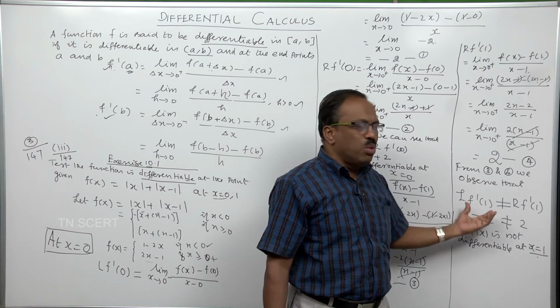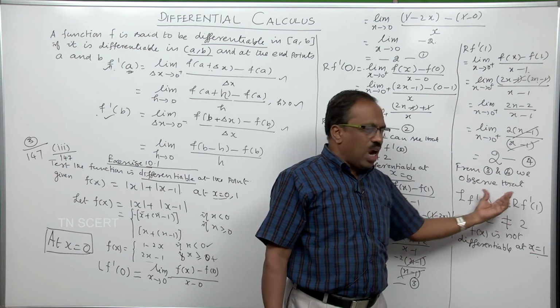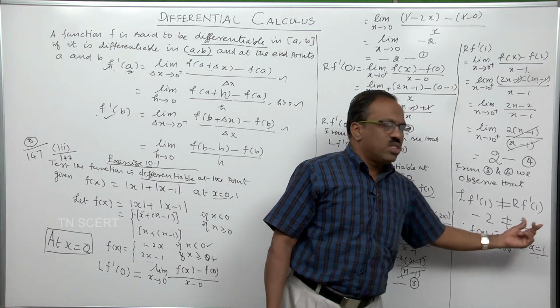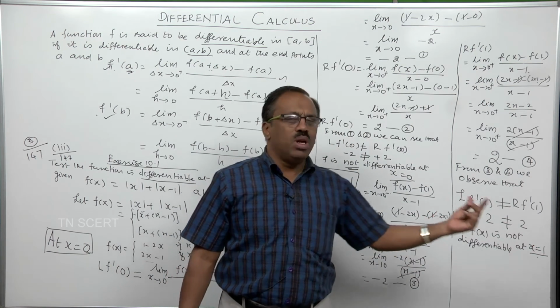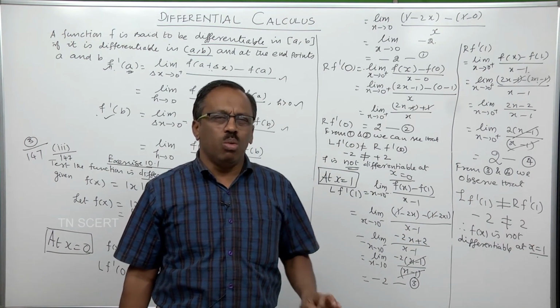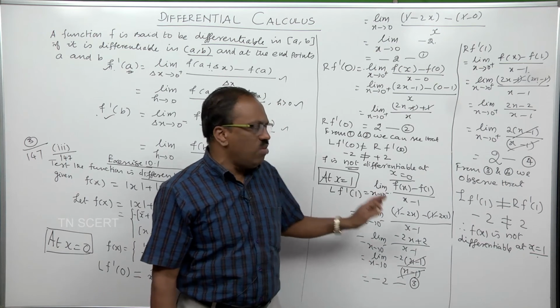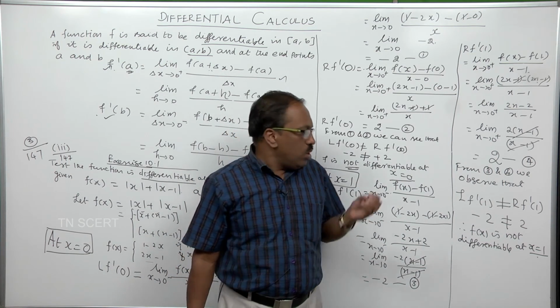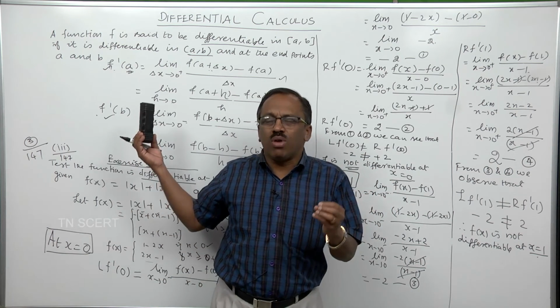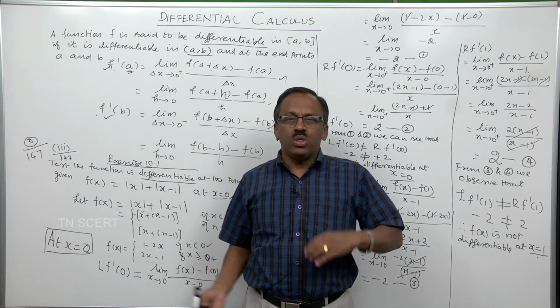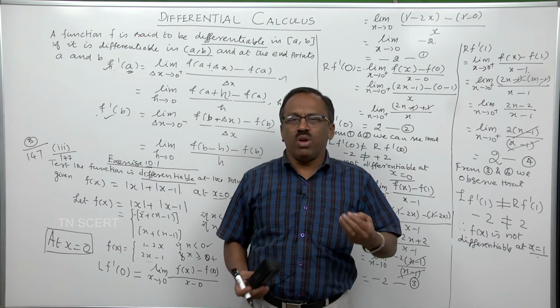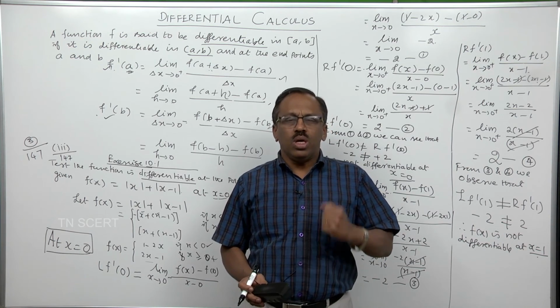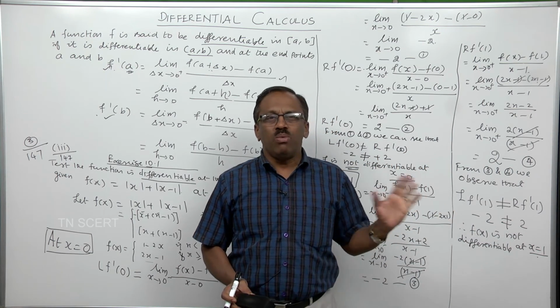At once, knowing the result of left and right, that means f is not differentiable at x is equal to 1. So, in this way only we can do this kind of differentiability problems. Students, you should know the basic concept of differentiability, so that in any kind of problem you come across, you can do sums in this very simple way.